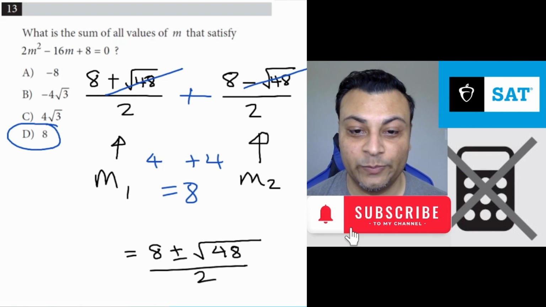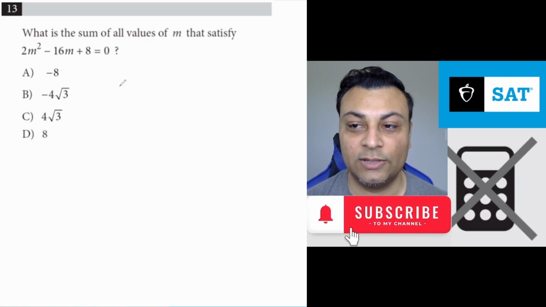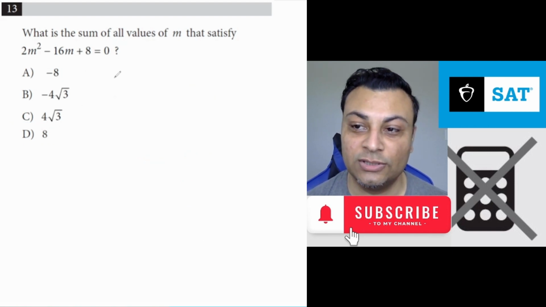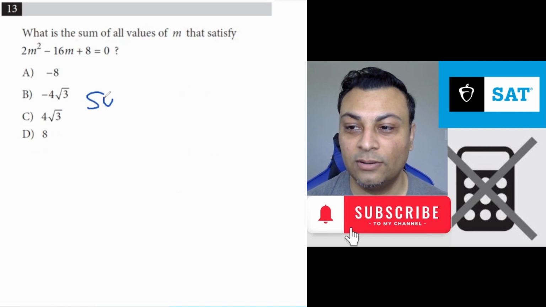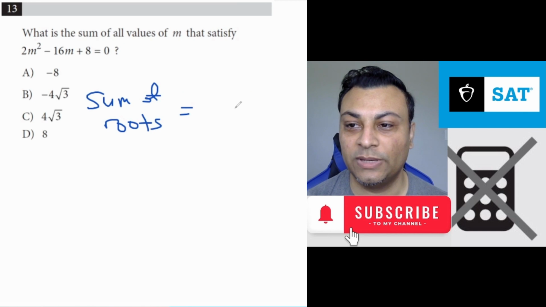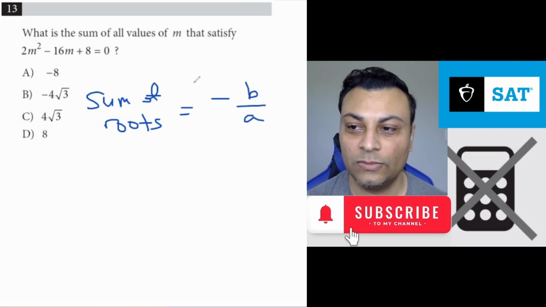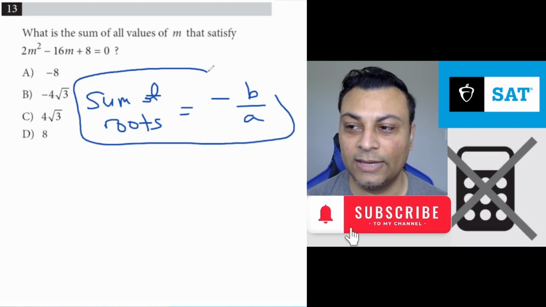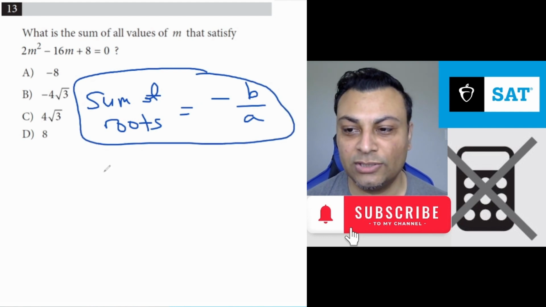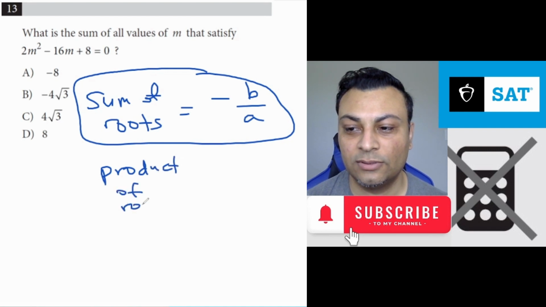There's another way. Another way is that when you have a quadratic equation, the sum of the roots will always be negative b over a. And for added information, the product of the roots will be c over a.